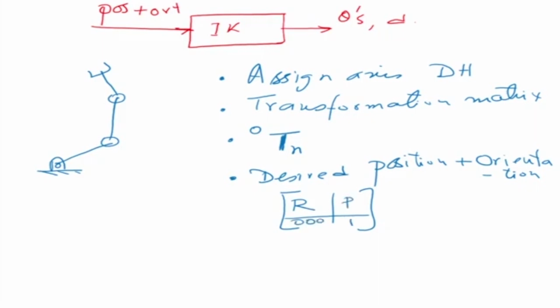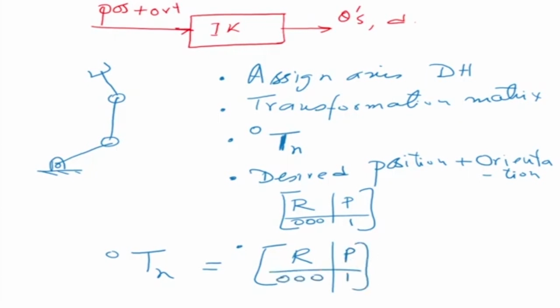This is 0, 0, 0, and that is 1. So what we do is we equate the T0 to n to the desired position and orientation of the end effector, and then equate term by term and try to solve.